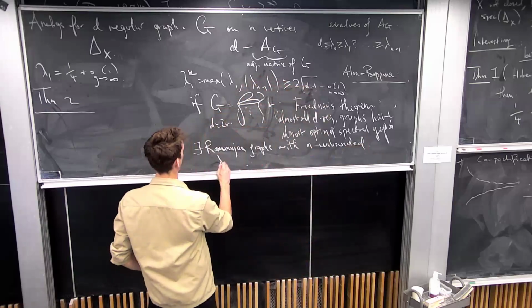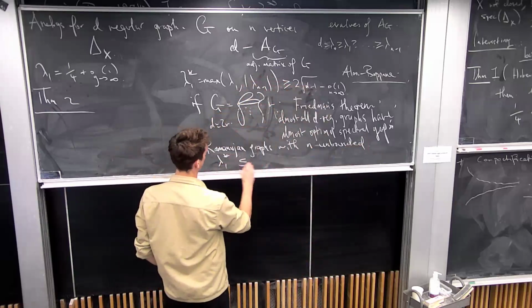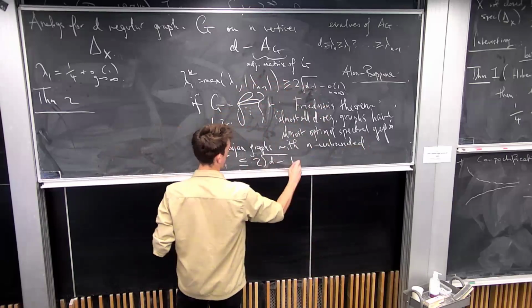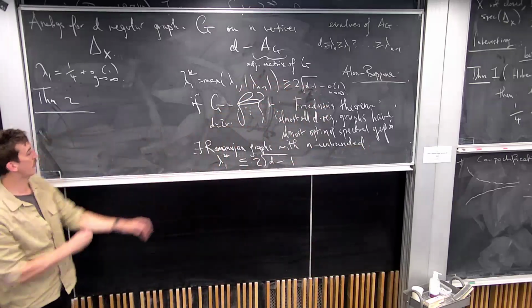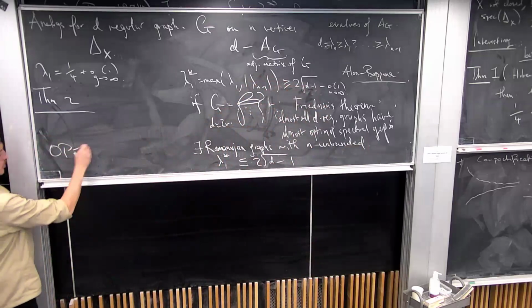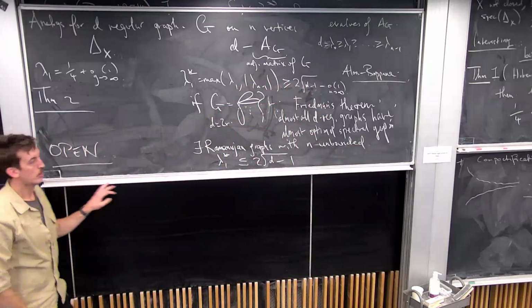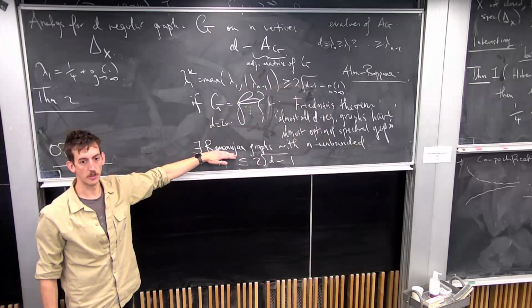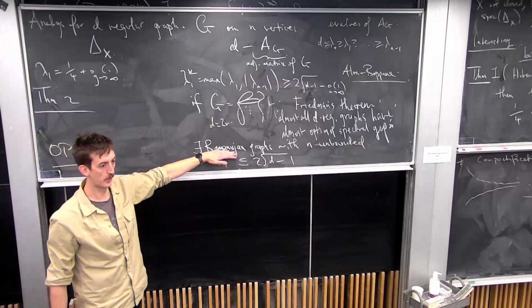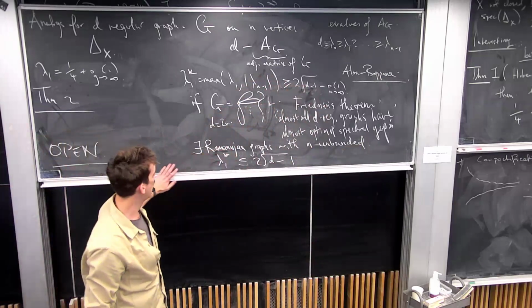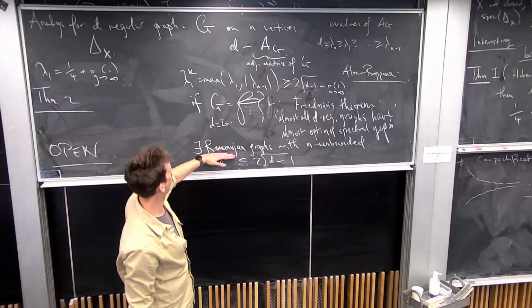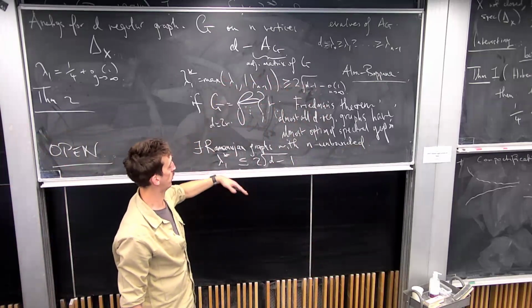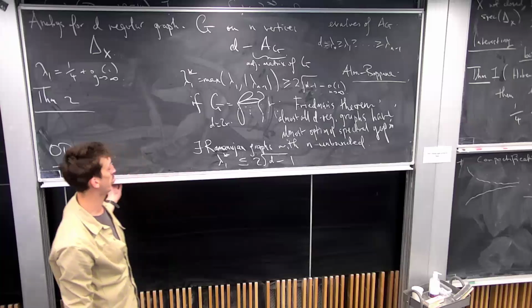So lambda 1 star is less than or equal to 2 root d minus 1. And the funny thing about this is that this is open on this side. So the original construction of Ramanujan graphs is due to Lubotzky, Phillips, and Sarnak, and independently Margulis in the 80s. There was a more recent construction of one-sided Ramanujan graphs due to Marcus, Spielman and Srivastava in 2014.